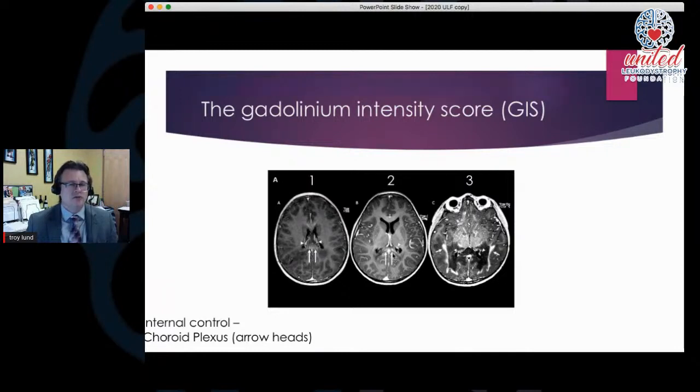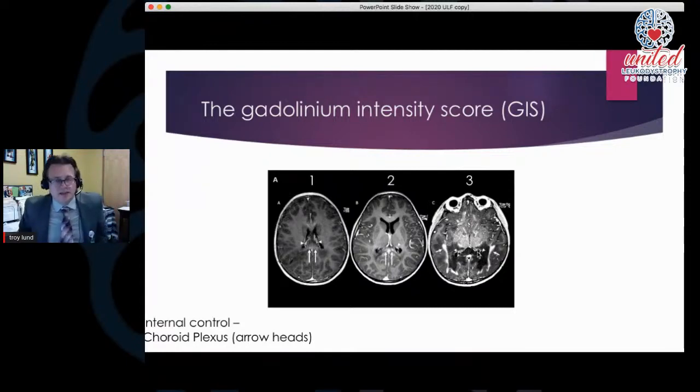We use the number 2 if the gadolinium is the same brightness. The choroid plexus is indicated by the little white arrowheads, by the way. So 2, it's the same brightness. And then 3, you can see this large amount of gadolinium here by the arrow, is when the gadolinium is brighter than the choroid plexus, which is shown here.